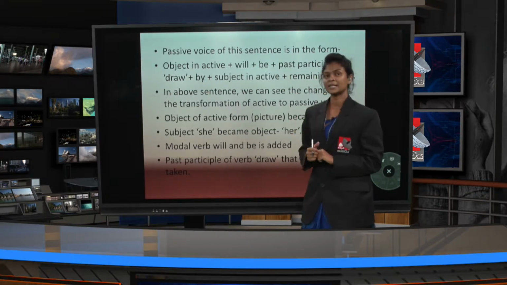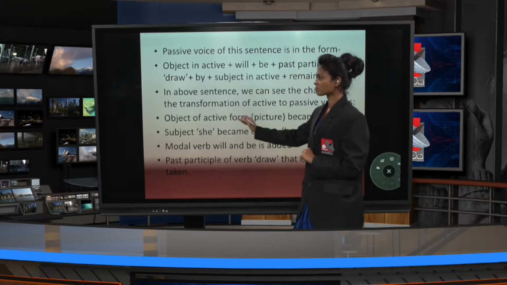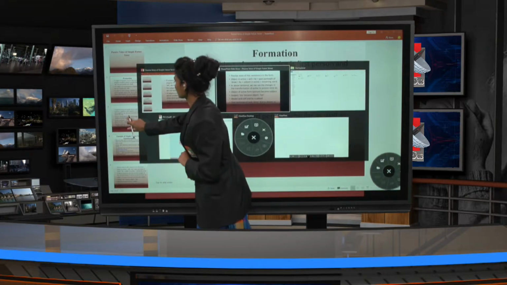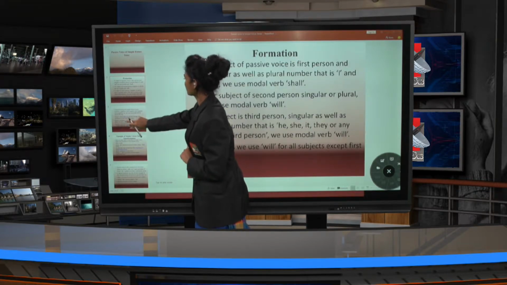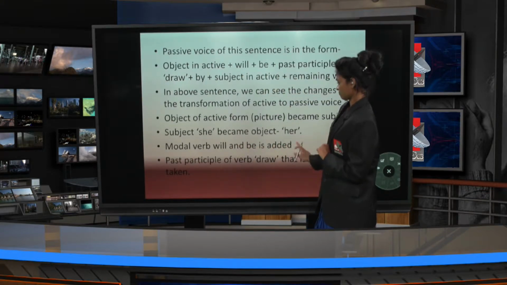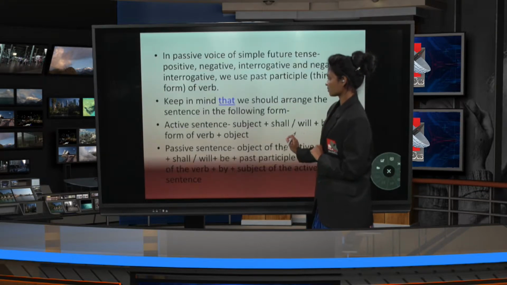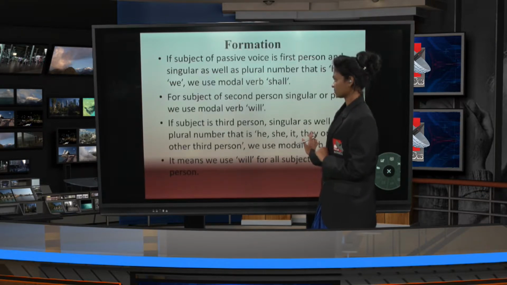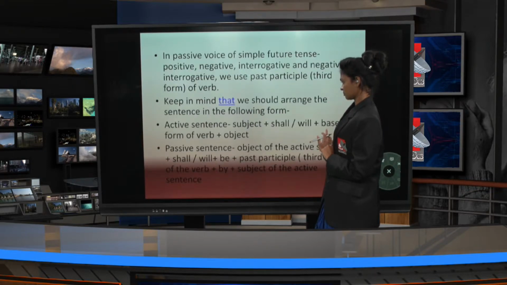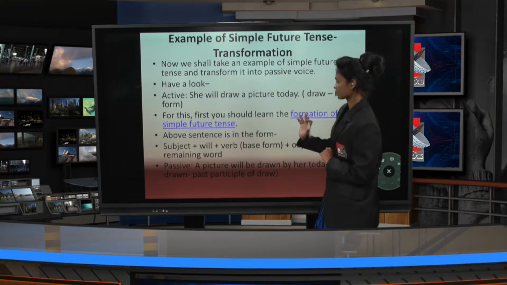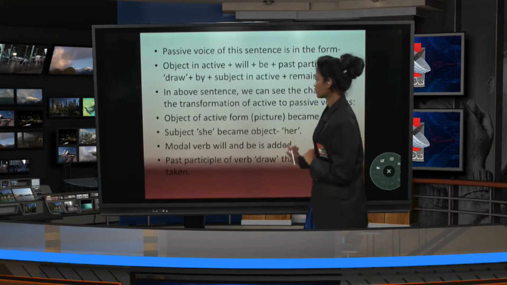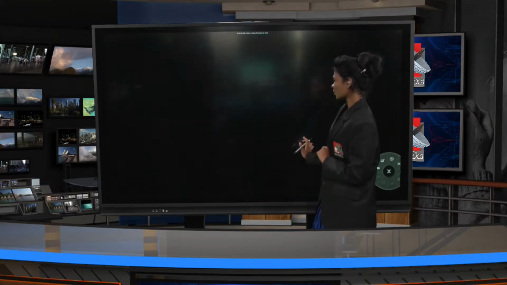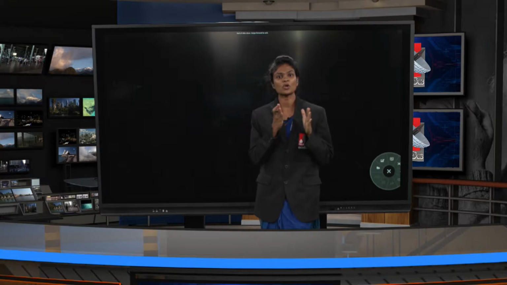How do we form the earlier one? She will draw a picture.